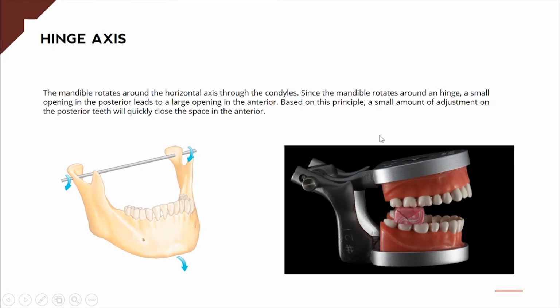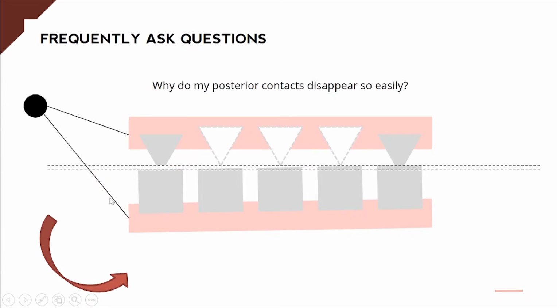It doesn't just go up and down like an elevator. So based on this principle, a small amount of adjustment on the posterior teeth will quickly close the space in the anterior. So let's go back here and visualize this idea that when you adjust the same amount, you're going to have an opening in the back.